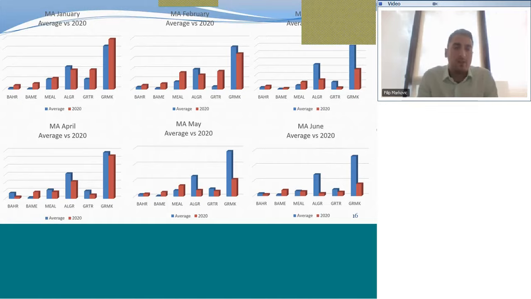The start of operation of this interconnection indeed increased the interest of traders in other Montenegrin borders too. On the other side, we can notice a significant drop of congestion incomes on Greek borders, and that one is notable from the beginning of the year. Of course, the COVID crisis has influenced it, but we cannot say that it was the main reason.